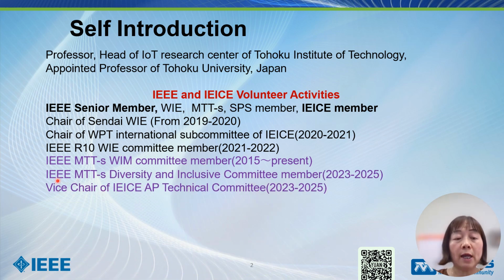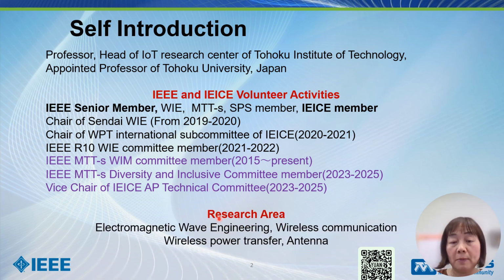Recently I am serving as a member of the IEEE MTT-S Diversity and Inclusion Community, and also as the Vice Chair of the IEICE Antenna Propagation Technical Community in Japan. My research area mostly focuses on electromagnetic wave engineering, wireless communications, wireless power transfer, and antenna design. If you want to know details, you can use this QR code.